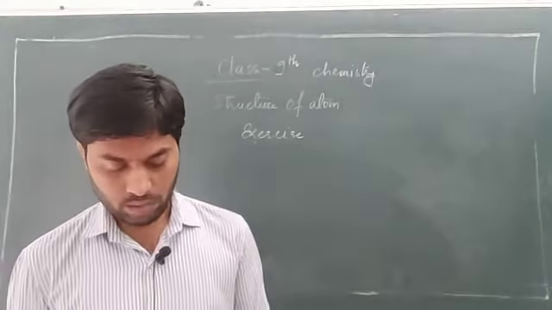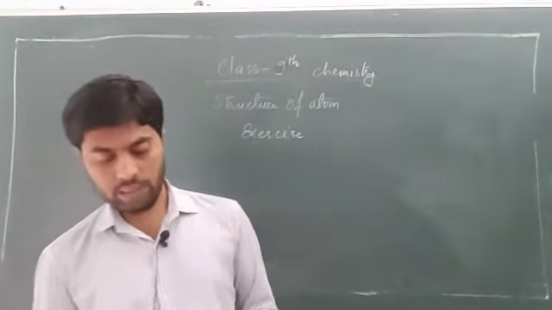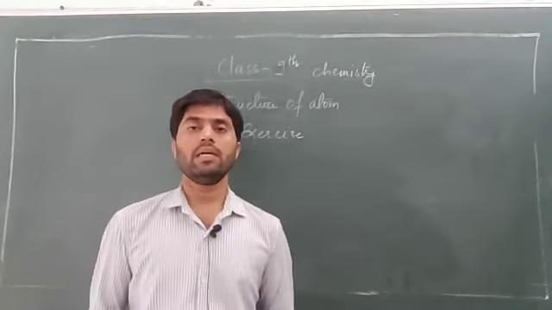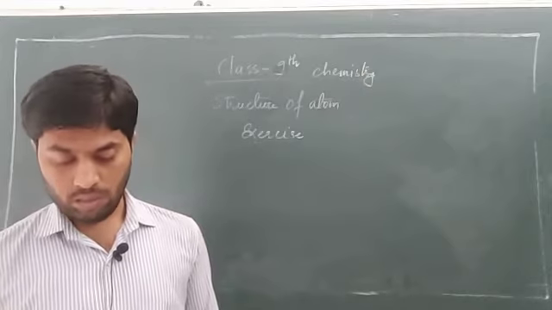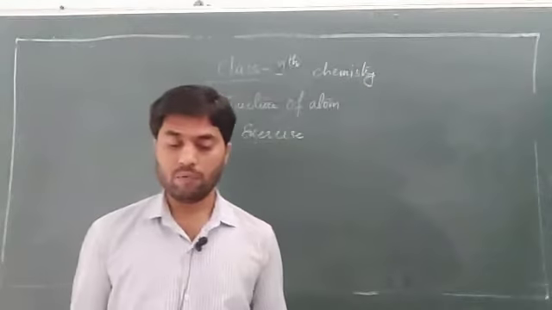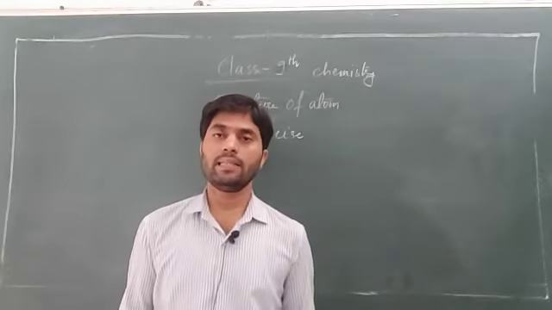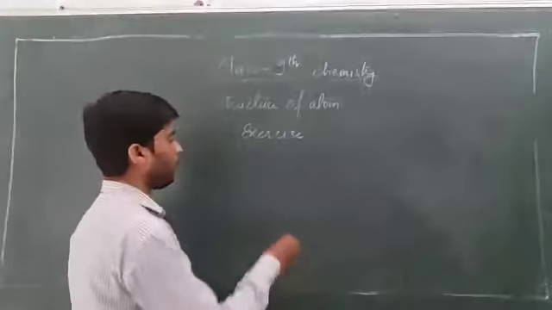Now, after that, the fourth question: describe Bohr's model of an atom. How will you write Bohr's model of an atom? You will see it on page number 49. You have to write the three postulates and draw the diagram of the atomic model.